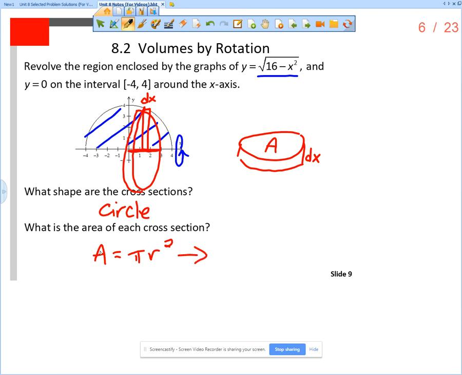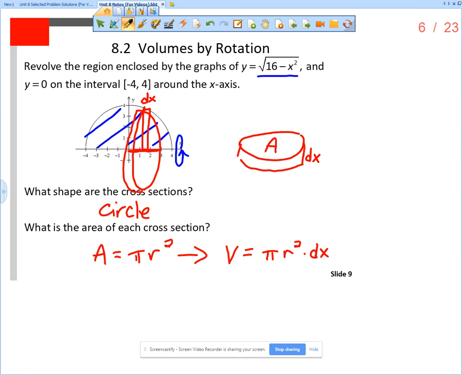So we turn a cross section, instead of just being a two-dimensional thing, into a disk which has a thickness, and so it has a volume. So what is the volume of each one of these disks? Well, it would be pi times the radius squared, but then times the thickness, which we're taking as dx. Now remember, dx represents the infinitely thin thickness of that rectangle, which is now the disk.